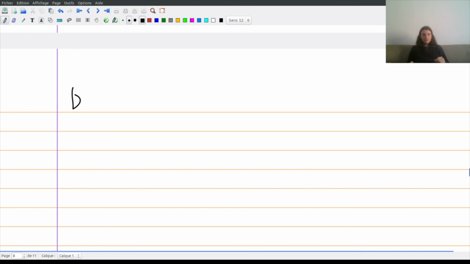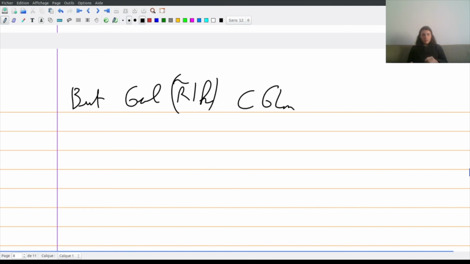So it's a subgroup of GL1 of C. With the exercise, it implies that there exists n. So it cannot be C star.